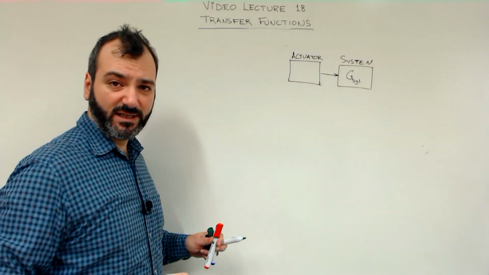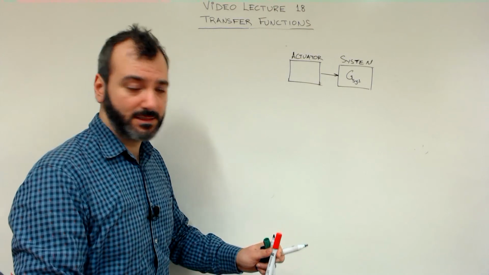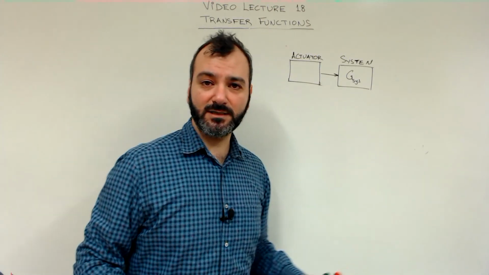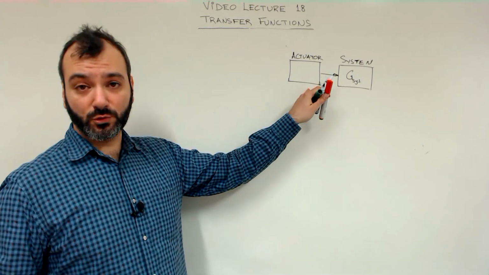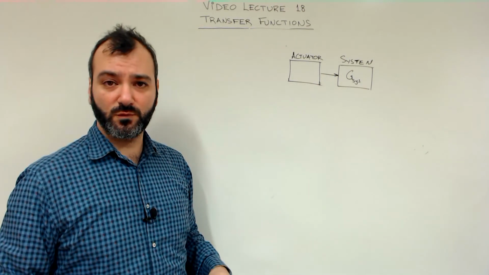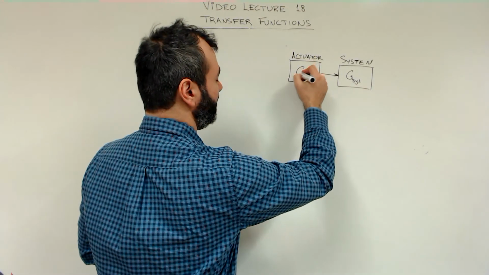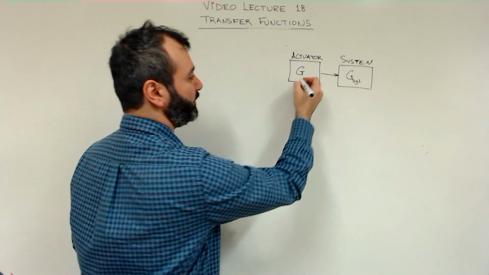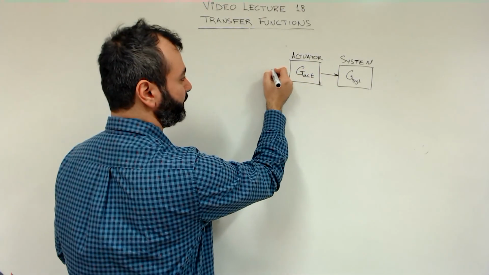This is often treated as an additional, separate component of the dynamical system. If you have a system of tanks, this will be a valve. If you have a robot, this will be a motor, most likely, and so on and so forth. So you have the actuator here, which is itself described by a transfer function, G actuator, all right?